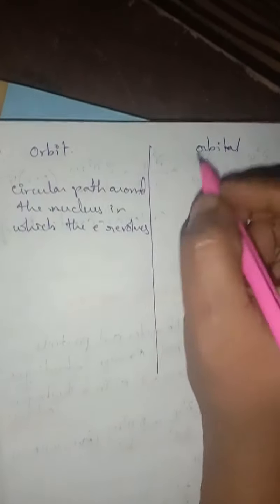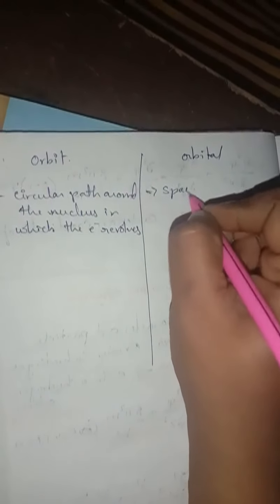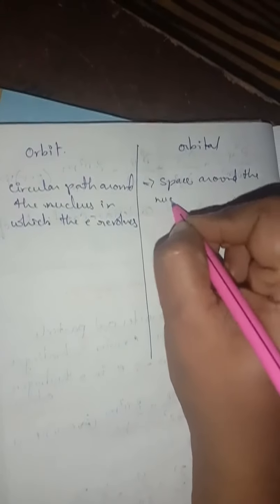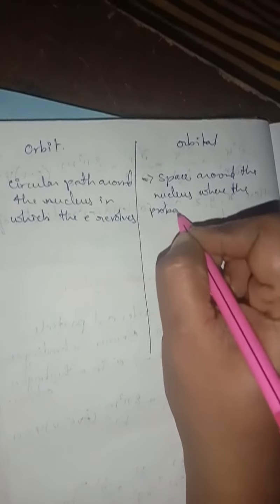Then what do you mean by orbital? An orbital is a region of space around the nucleus where the probability of finding an electron is maximum. So an orbit represents the movement of an electron in one plane.